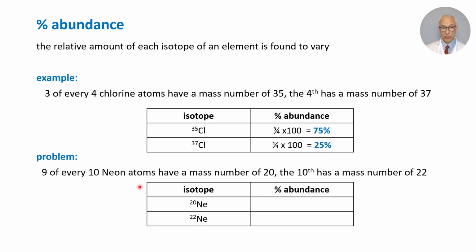Now, if we look at neon, 9 of 10 neon atoms have a mass number of 20, and the 10th has a mass number of 22. So we would say the percentage abundance is 90% neon 20 and 10% neon 22. So that's what's meant by percentage abundance: the relative amount of each isotope expressed as a percentage figure.